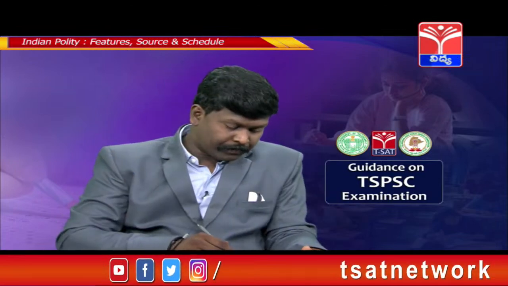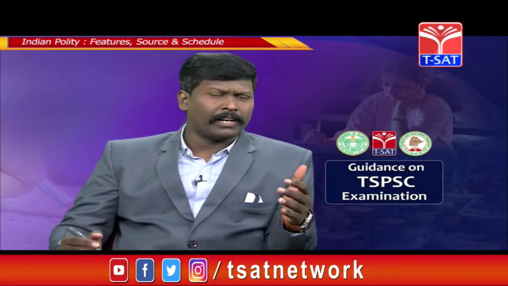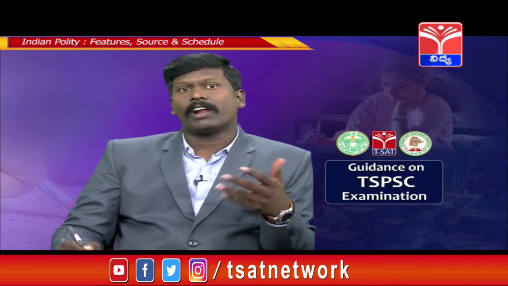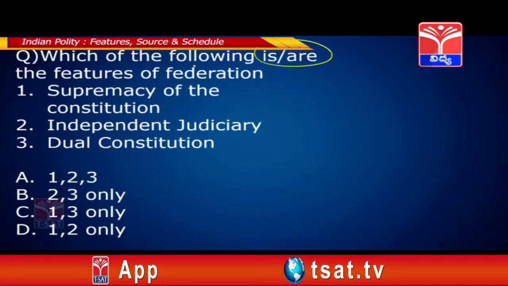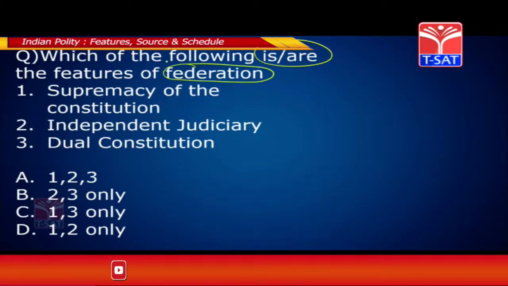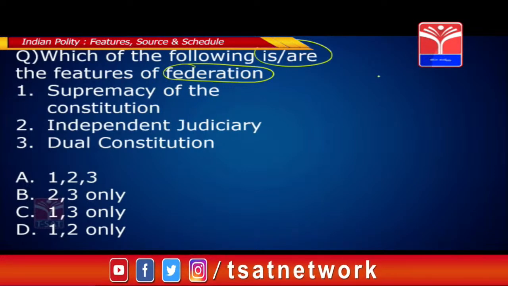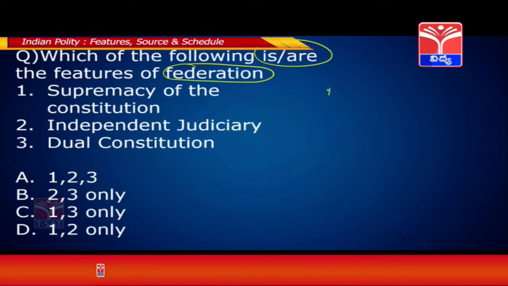Next question. As we have just completed a question, now let's look into another question. Which of the following is or are the features of the federation? See, there are two types of countries in the world. The first one is the federal nations.